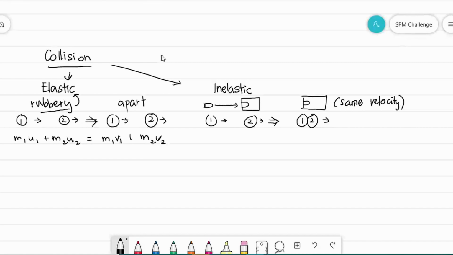Since they are not bound together, the velocities are not the same. For the inelastic collision, m1 u1 plus m2 u2 equals (m1 plus m2) v. Since they are combined together, the velocity will be the same.